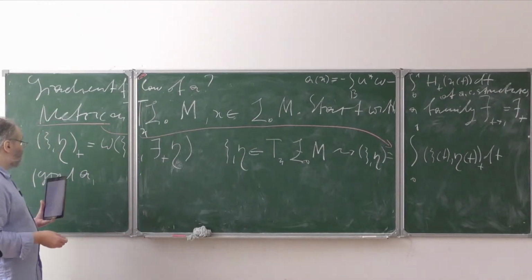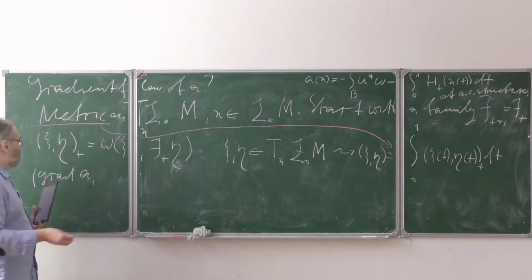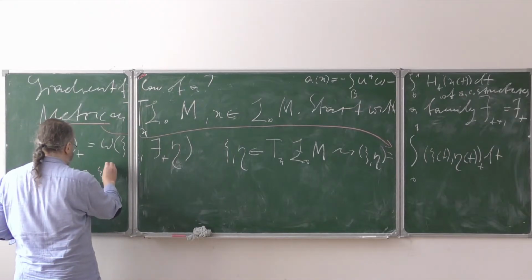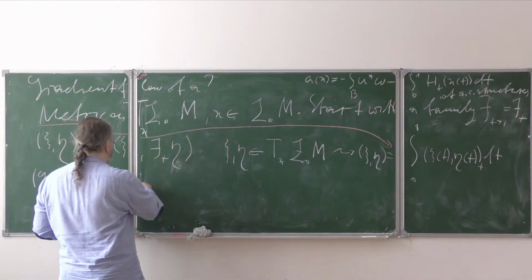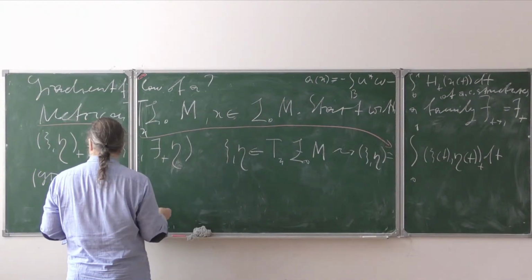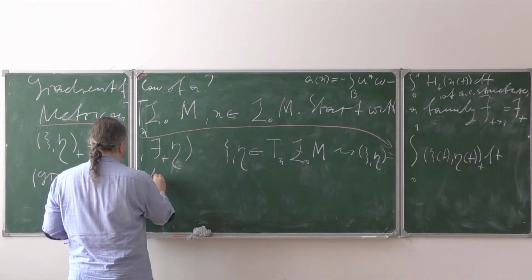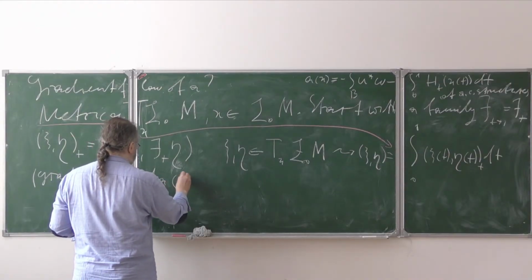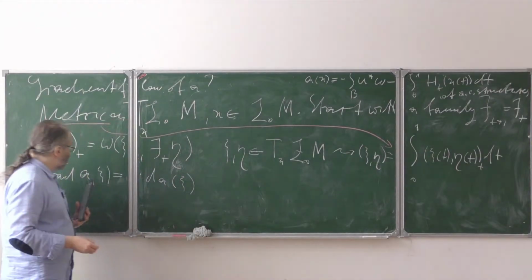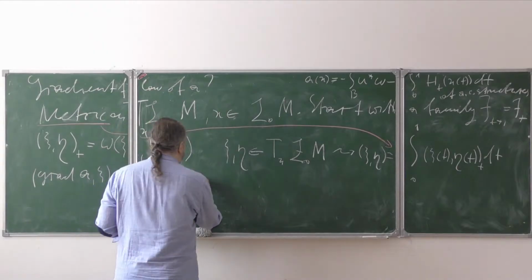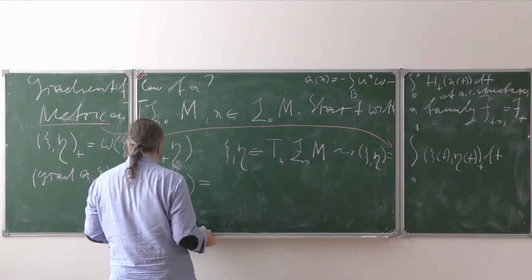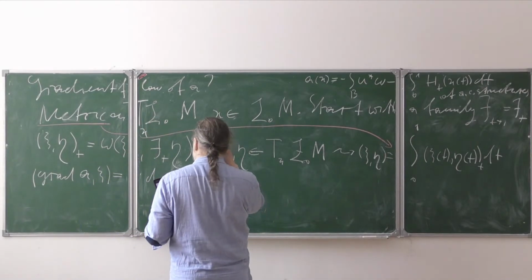So the gradient of A, scalar product with psi, must be dA applied to psi. Well, we already know what dA applied to psi is.